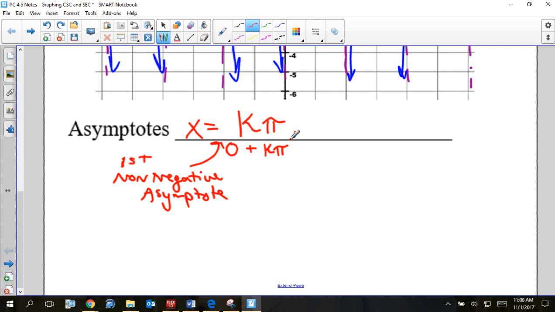Well, the pi part comes from that, but the k itself is only what kind of numbers? Whole numbers does not include negatives. Do you know what it's called when it's the whole numbers but negatives and positives? Yeah, good job. Integers. So you just say where k is an integer. And yes, you have to say that, so suck it up and do it. Okay.